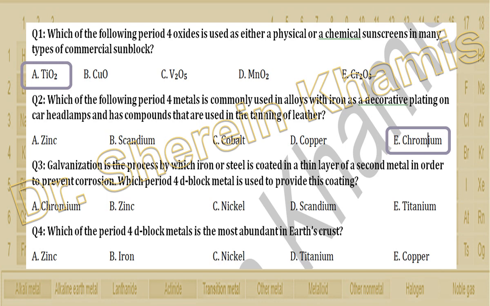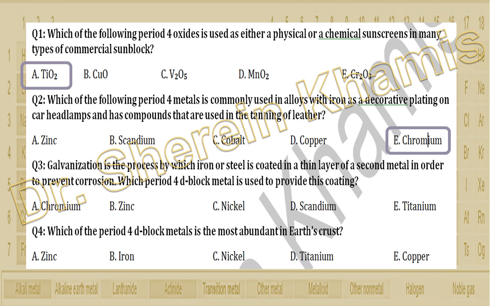We said we have one metal coating the other that prevents rust and corrosion and protects all kinds of iron and steel.